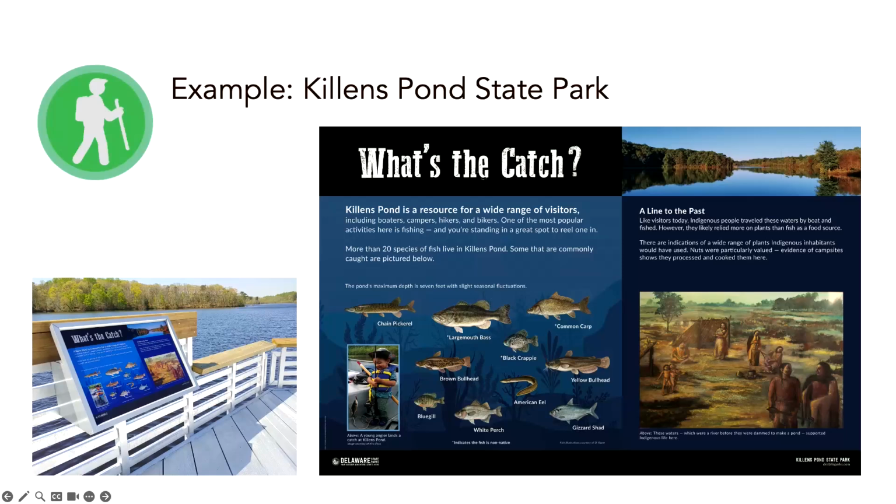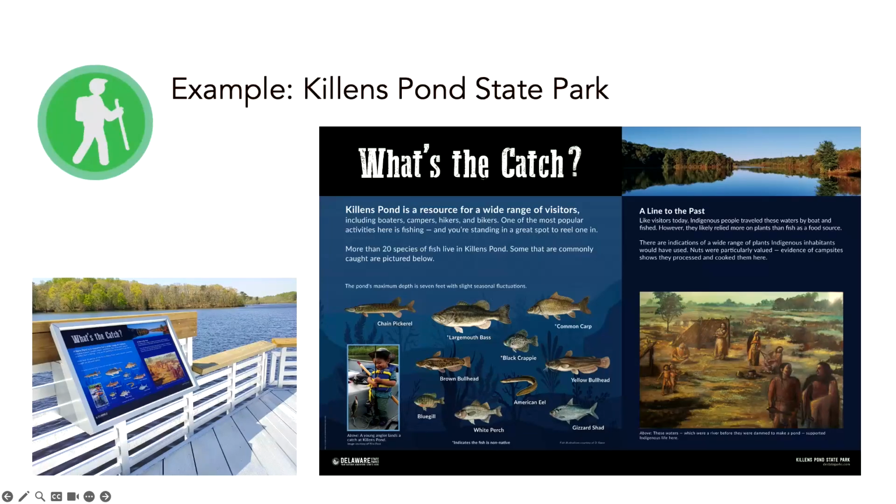So here's an example of a wayside that I created for Killens Pond State Park in Delaware. We had built an elevated walkway over a pond with bump outs, and we knew that one of the audiences that would be coming were anglers. So while we thought about the interpretation, we thought about implications of that audience.